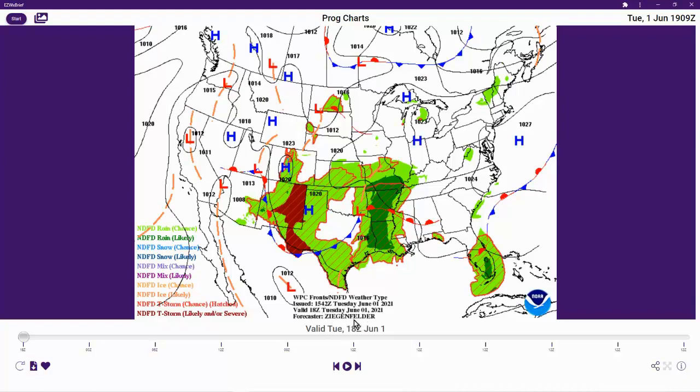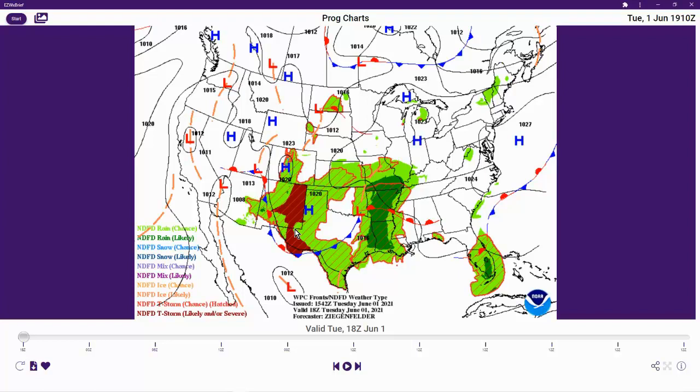You see a forecaster's name at the bottom here. Those are the forecasters that are taking a lot of input from typically forecast models and based on their own experience, and they push that particular forecast out here on the Prog chart.